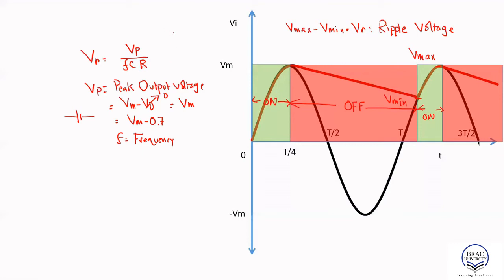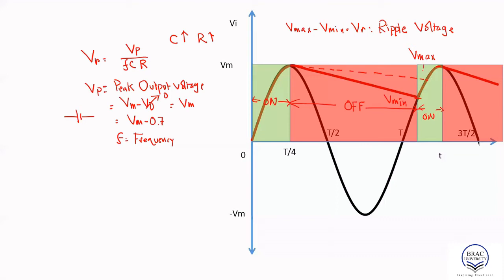So generally, if the value of C is higher or R is higher, it is going to take a longer time to discharge. In that case, if C and R, both of them are higher, let's say it is going to take this path, which means it takes longer time to discharge.